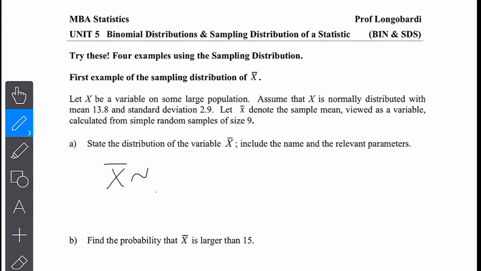The sample mean will be from a distribution that's normal with the same mean, 13.8, but a standard deviation that's smaller. We're going to calculate it on the side here.